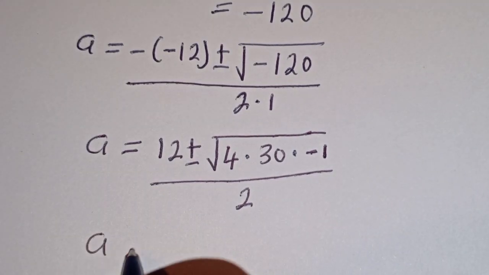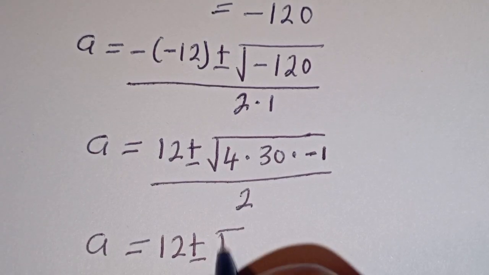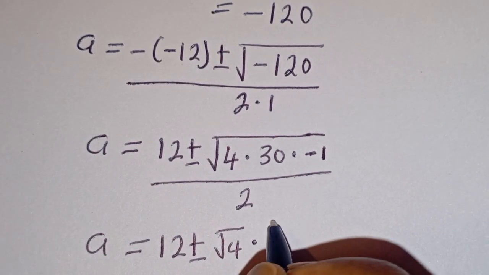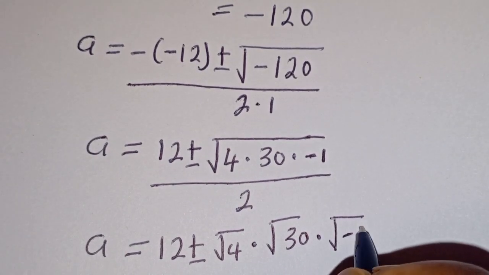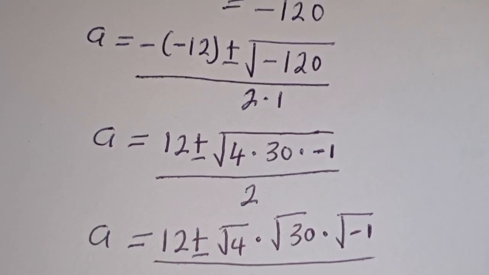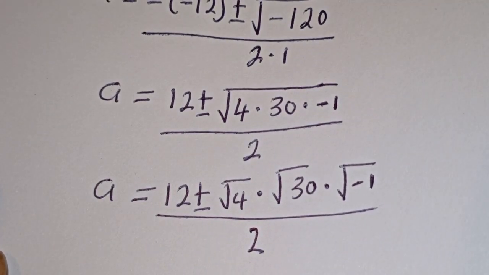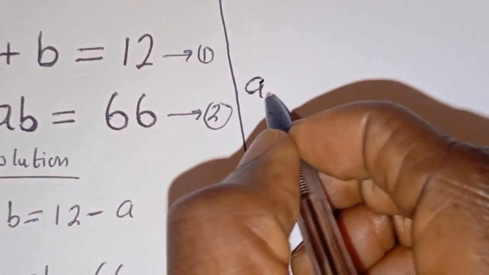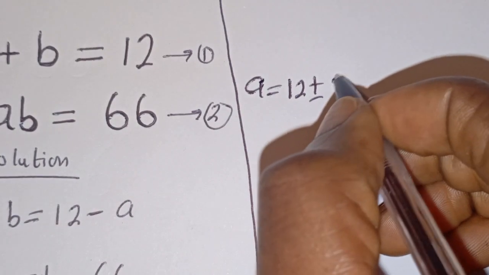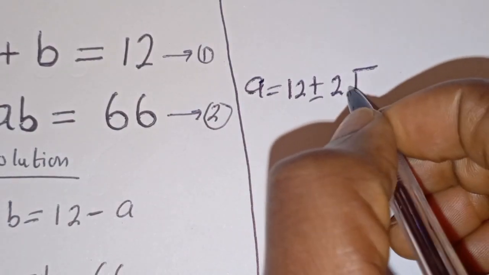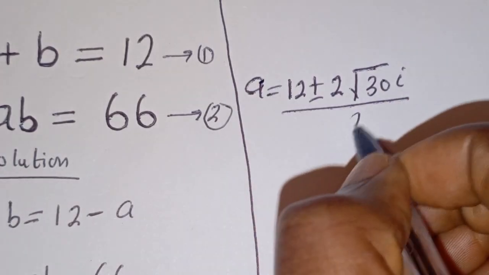And a is equal to 12 plus or minus, this can be written as square root of 4 multiplied by square root of 30 multiplied by square root of minus 1, divided by 2. a is equal to 12 plus or minus square root of 4, that is 2, then square root of 30, and square root of minus 1 is i, divided by 2.